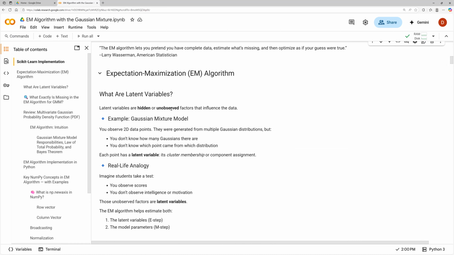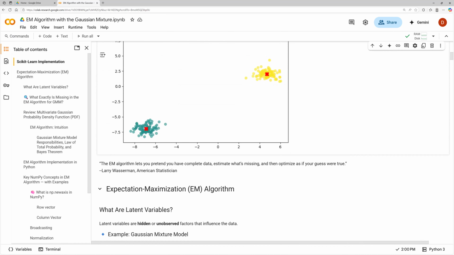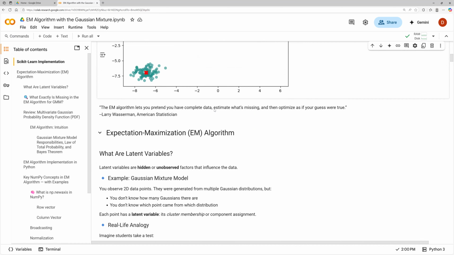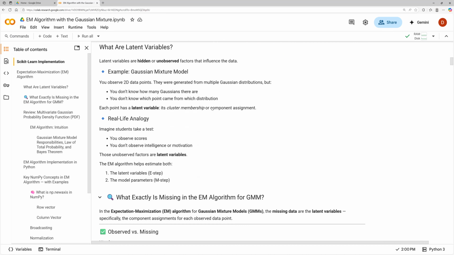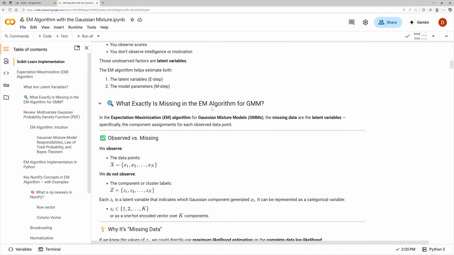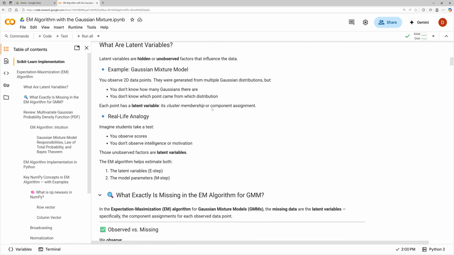Okay. We see in this example that all the data points are assigned near these means. Okay, but we don't know in what cluster each of these data points would fall. So that's kind of the objective of the EM algorithm, right? So each point has a latent variable, its cluster membership or component assignment.